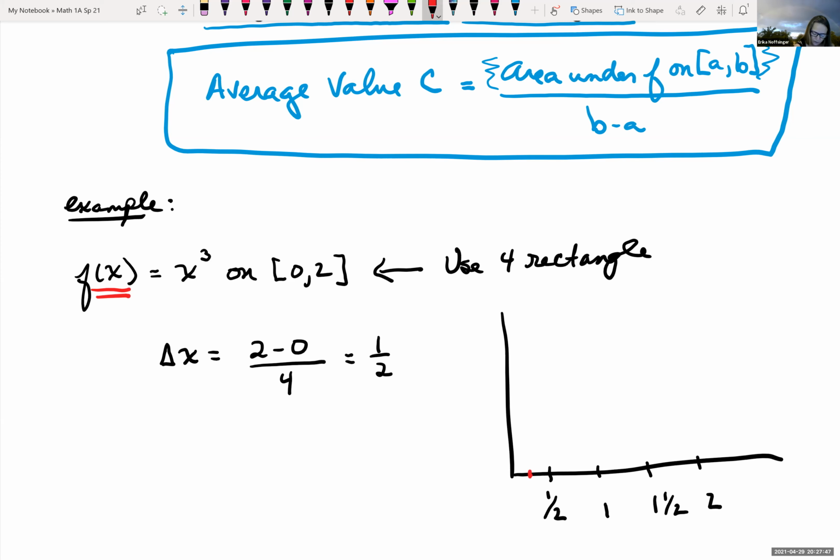So we want to look at what's happening at a quarter, between 1/2 and 1, we're going to look at the height at 3/4. So here at 1 1/4, and 1 3/4.